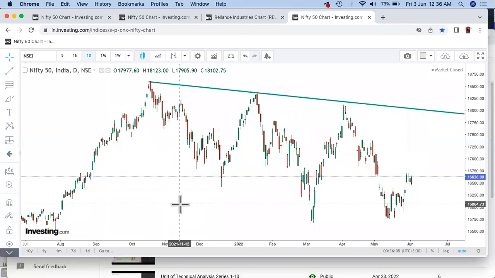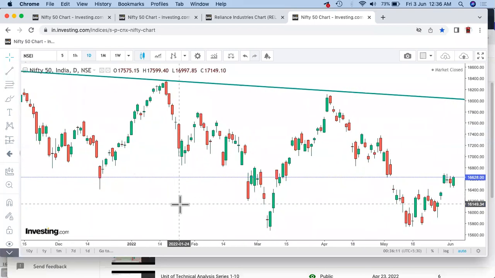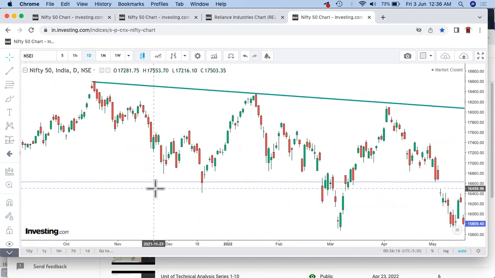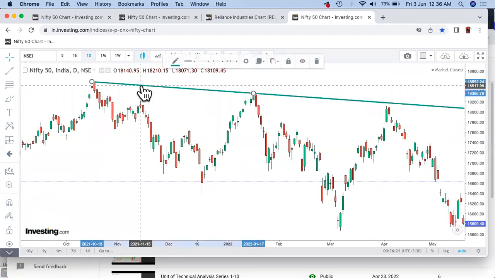Let's take an example. We have seen over here a downtrend part. For downtrend parts, we are going to see only the higher parts, that is the higher highs, lower highs.